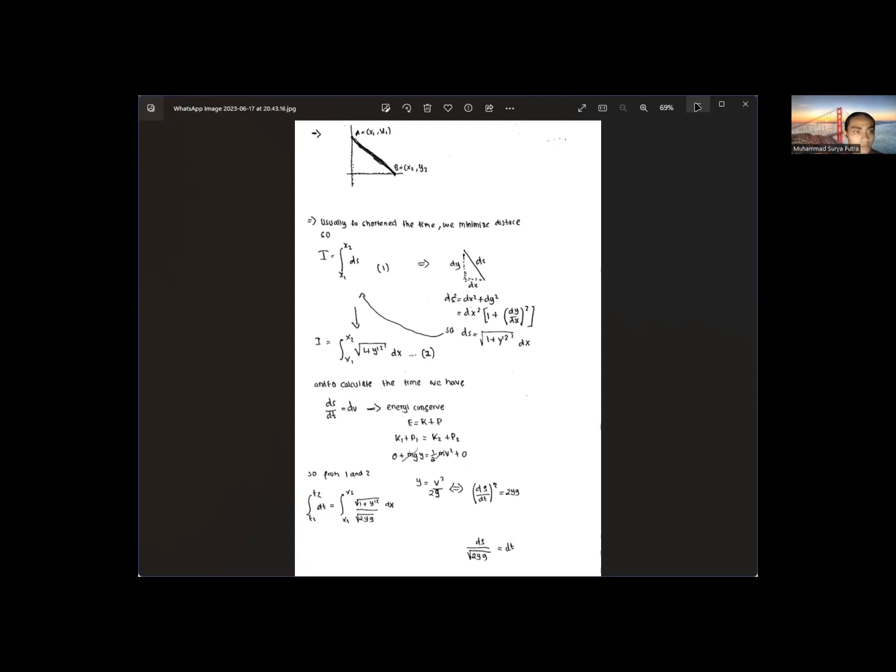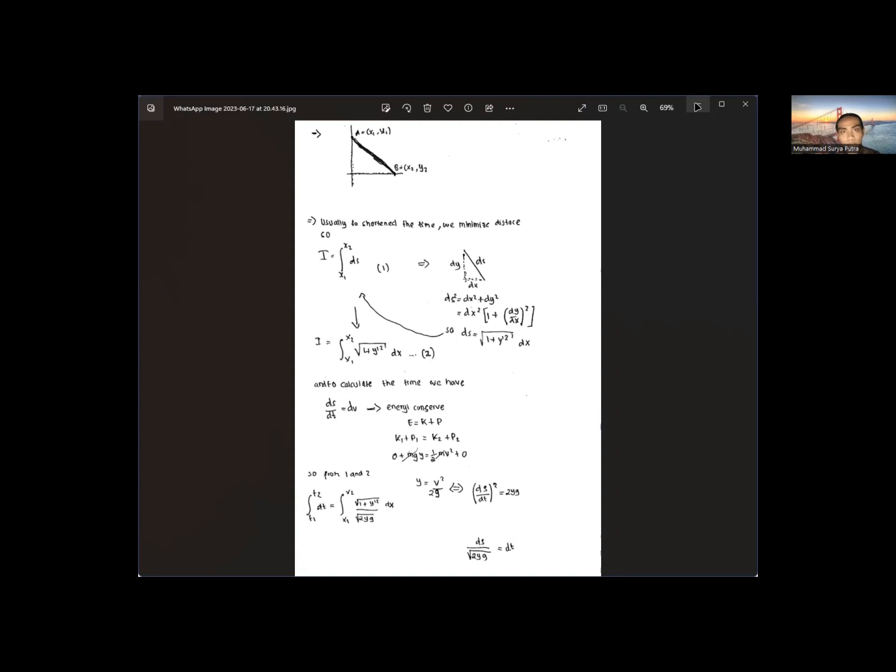Where did I? So it's from this. Where is it though?